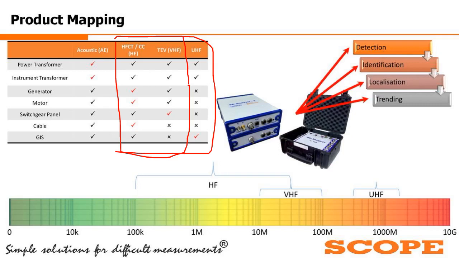So both are available in this one. This kit can be used for all the applications shown over here, and it can be used for identification as well as localization, because it is multi-channel. Time of flight or time of travel features are already available inside the kit, so automatic analysis is available.